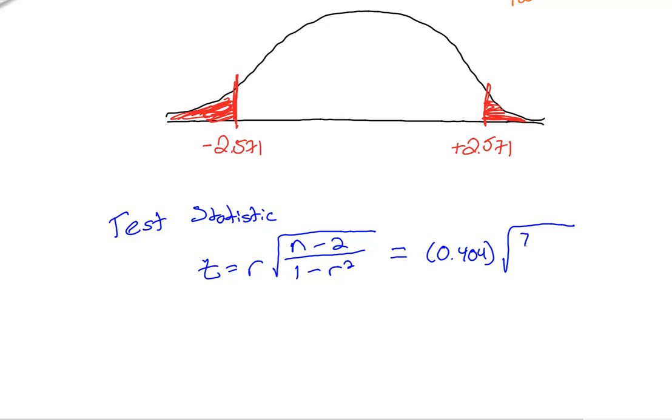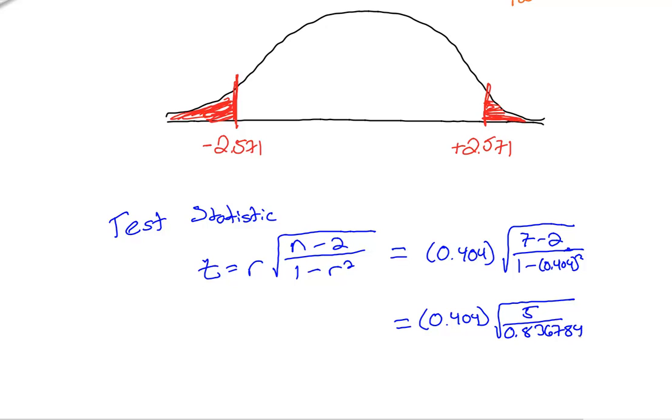Our n was 7 minus 2, and that's going to be 1 minus 0.404 squared. Okay, so I'm going to work this out a little bit. That's going to be 5 divided by 0.836784.